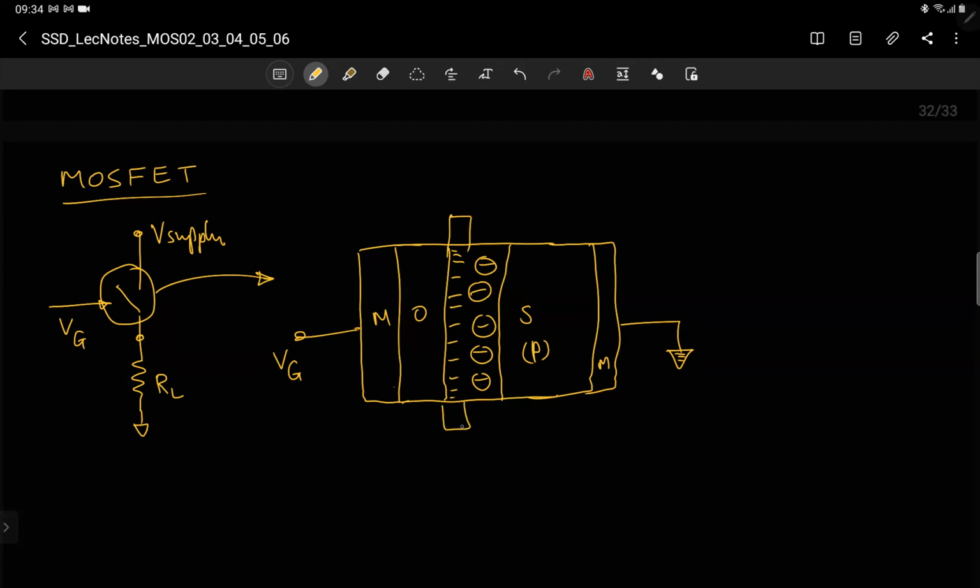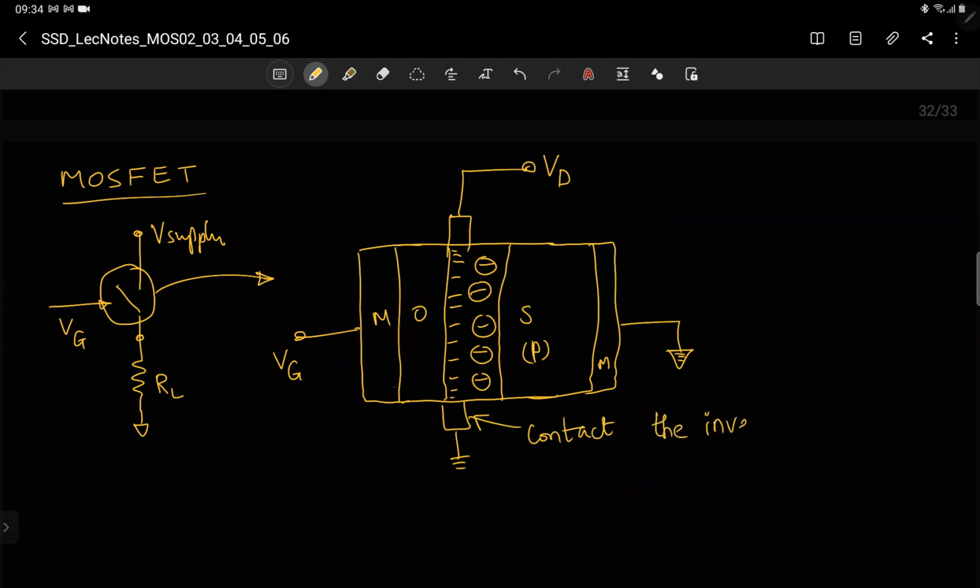and if you apply a bias here, they call it drain, with some notation D, then there will be current flow, because I just put a metal contact here. I will come to this contact later, but say you have tried to contact the inversion layer.